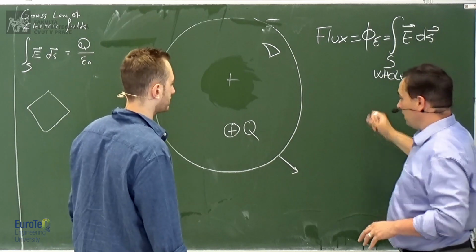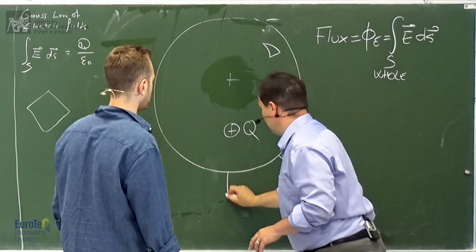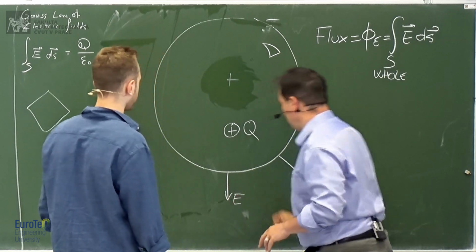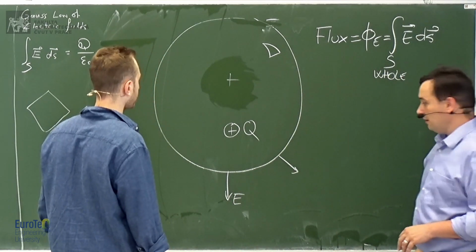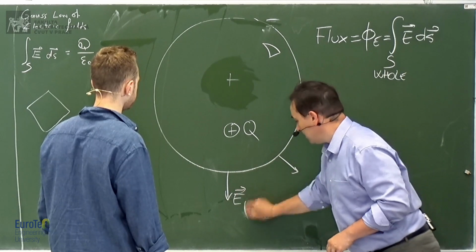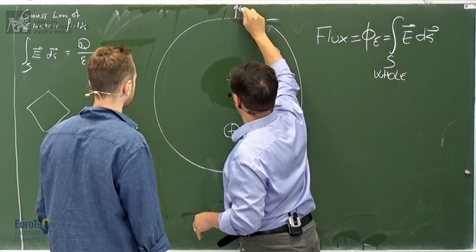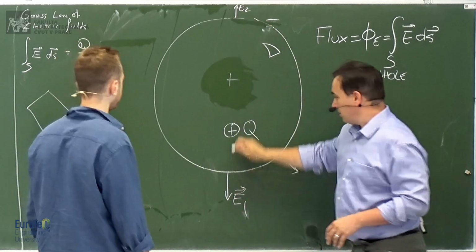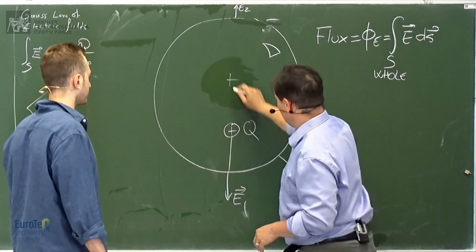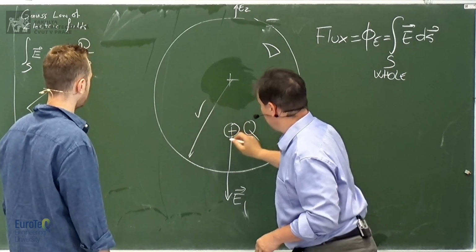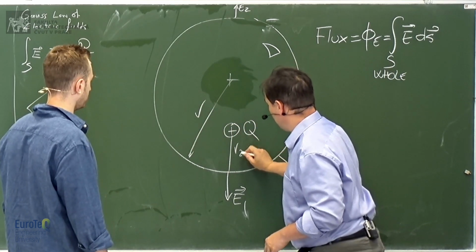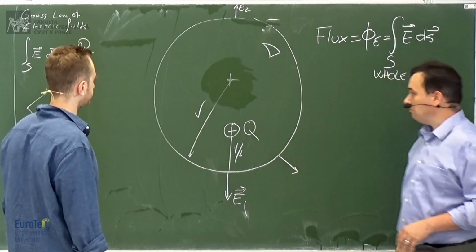The whole surface. So here, E1 will be bigger than here, okay? Yes, most definitely. Because it's closer to the source. Let's say this is R, and this is R divided by 2.